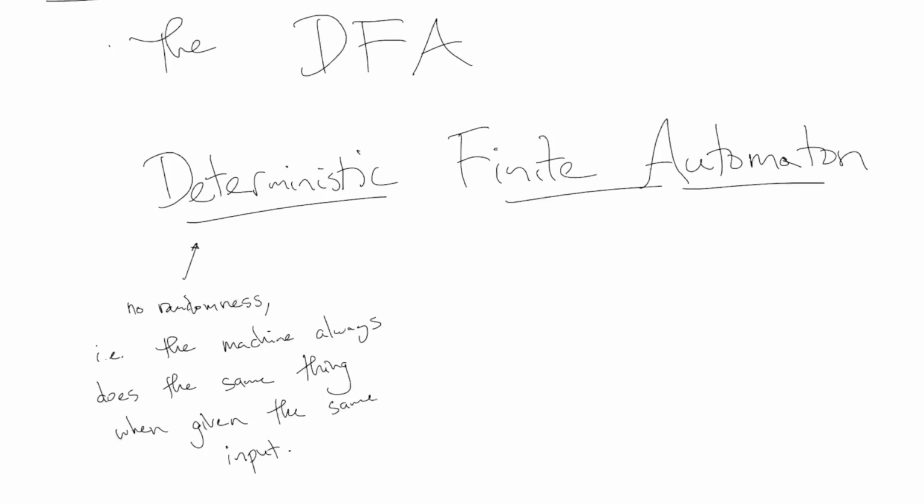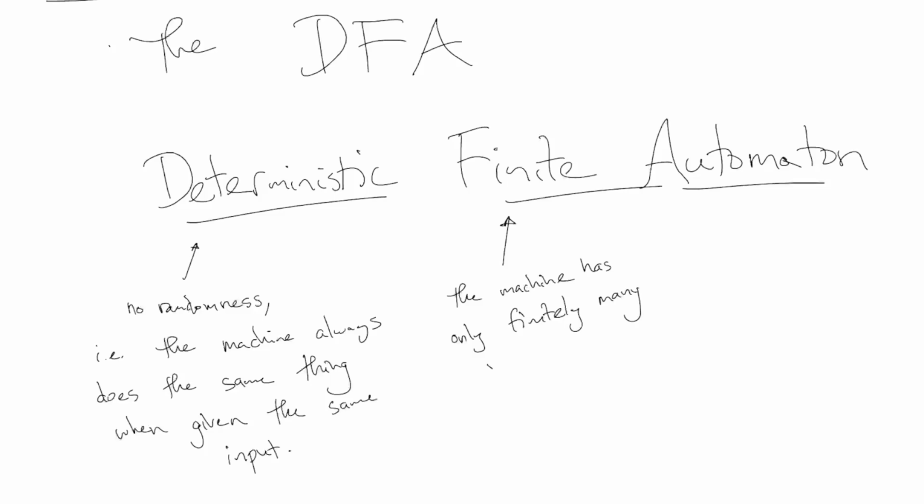All right, next is finite. This will become a little clearer in a moment, but basically the machine has only finitely many states. And I'll say what I mean by that in a moment.